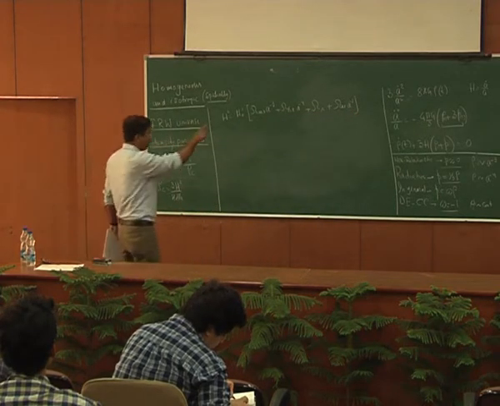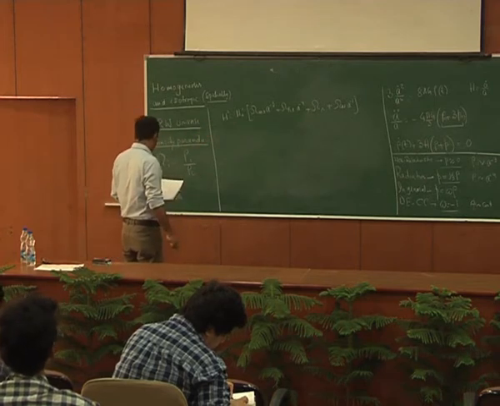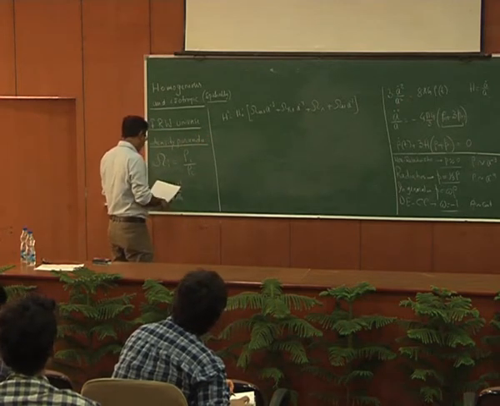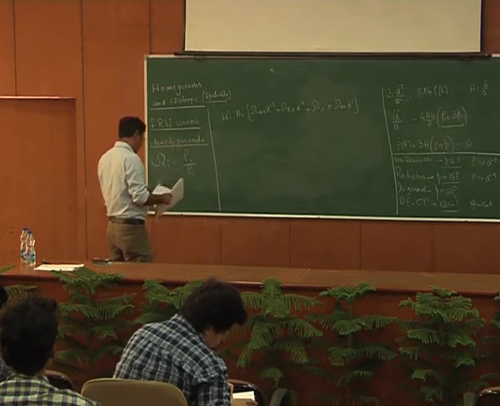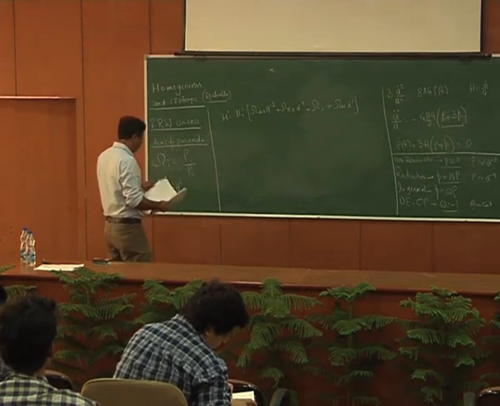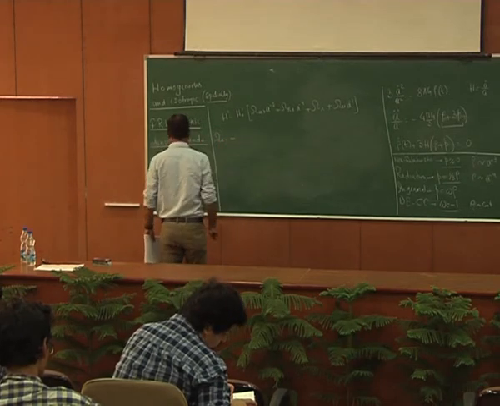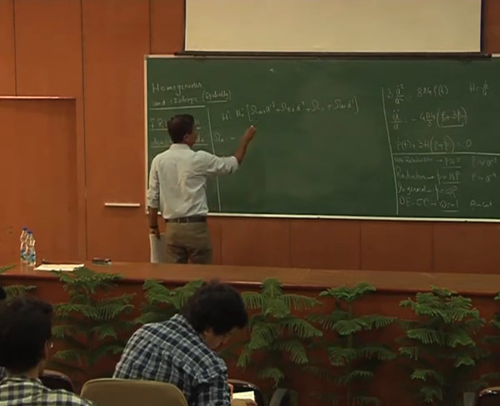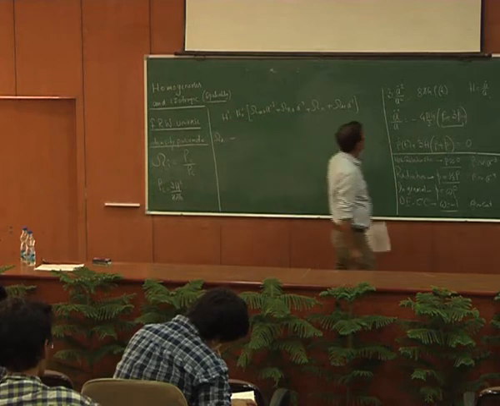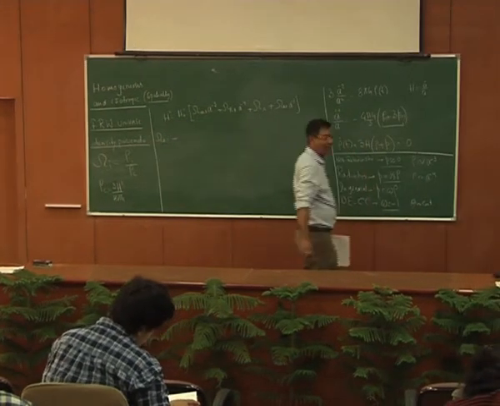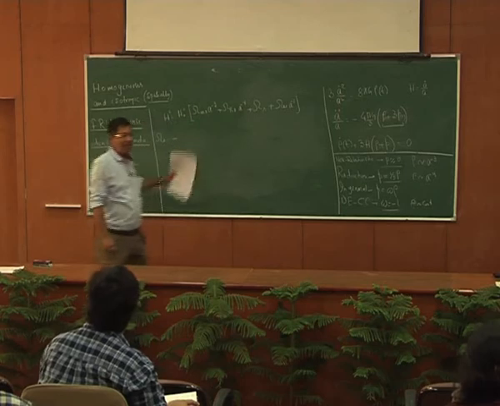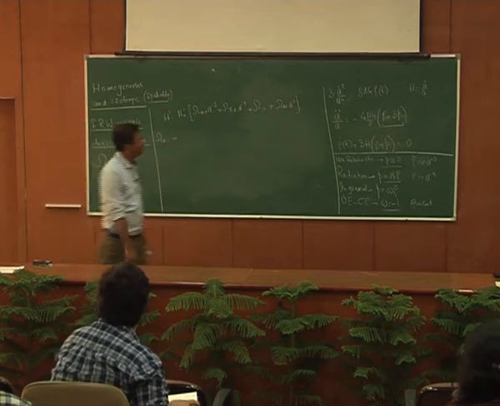So for omega k, we define the density parameter a little bit differently. This equation I wrote, I'm sorry, I wrote for the flat universe, assuming that the universe is flat.